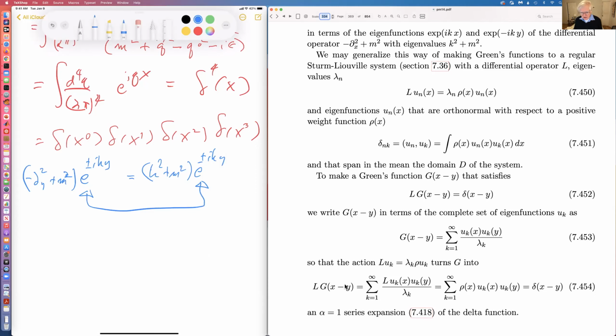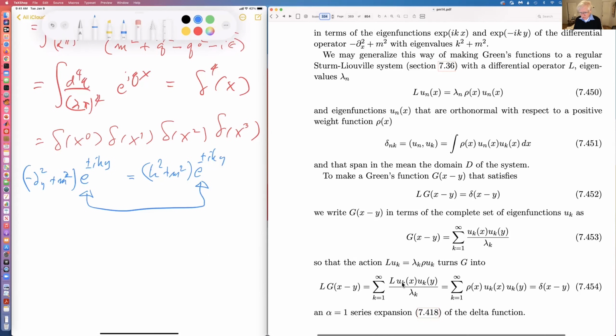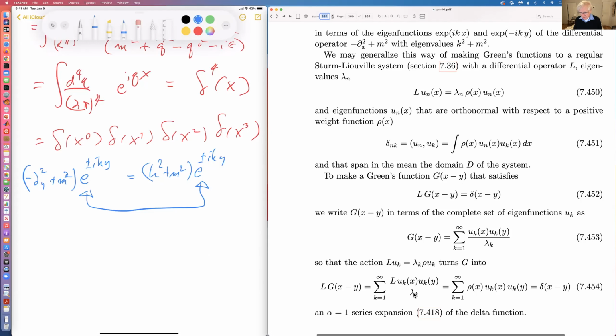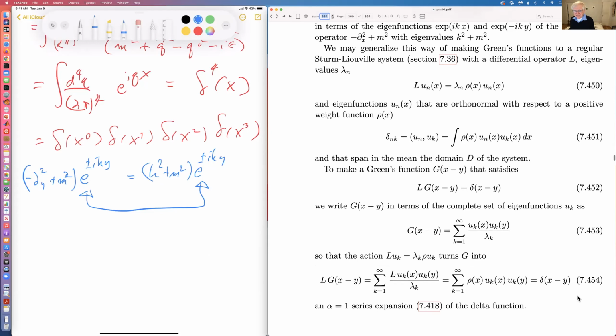Because then when you have L on G(x, y), you get L on u_k, that cancels the lambda_k, and that gives us the delta function.